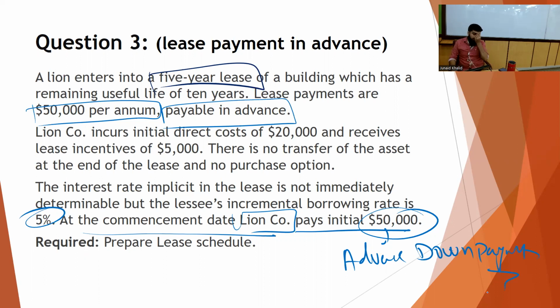Okay, now let's prepare the lease schedule. Before we prepare the lease schedule, step 1 is to calculate the lease liability. The lease liability is not given in the question, so we need to calculate it.